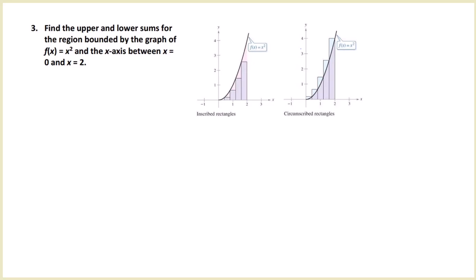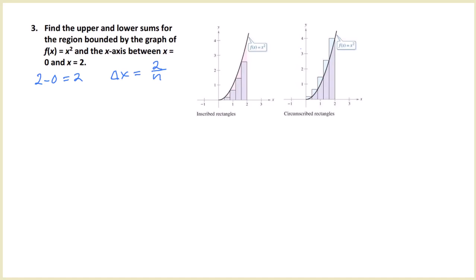So let's do one. I want to find the upper and lower sums for what's the same curve, f of x is x squared, and we're going from 0 to 2. The first thing I do is I say the right-hand side minus the left-hand side on the x-axis, I get 2, which means delta x is going to be 2 divided by n.